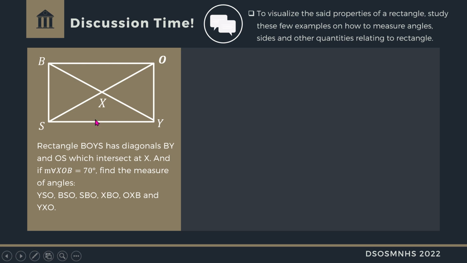Then XBO, the one on top. OXB, which is a vertical angle at the center. And YXO, opposite, another vertical angle set.